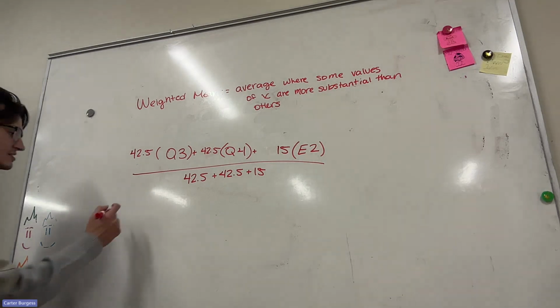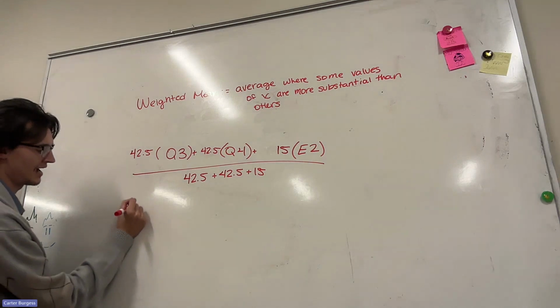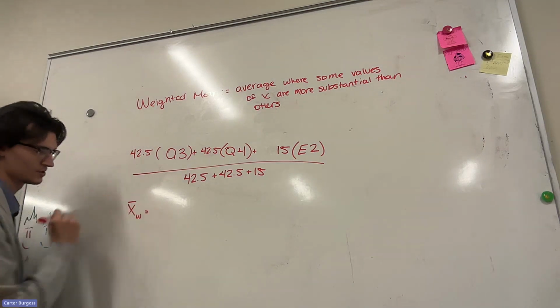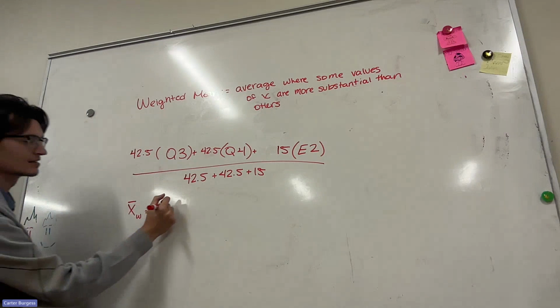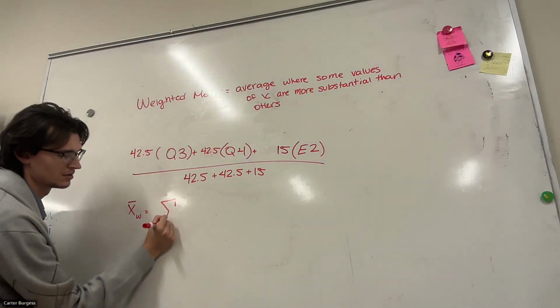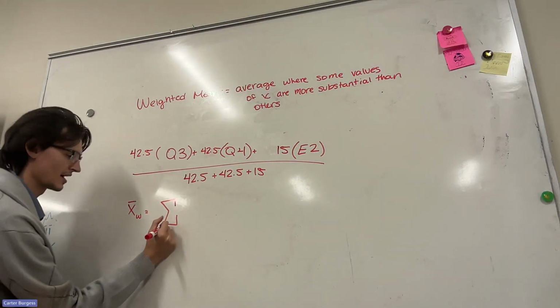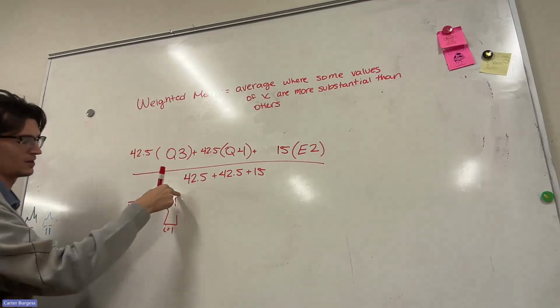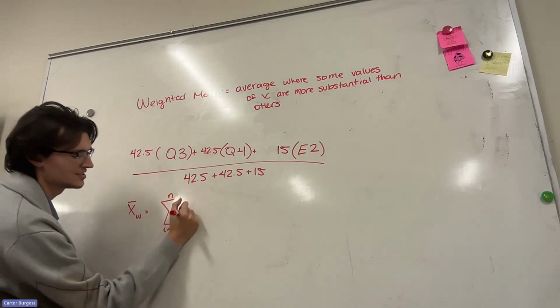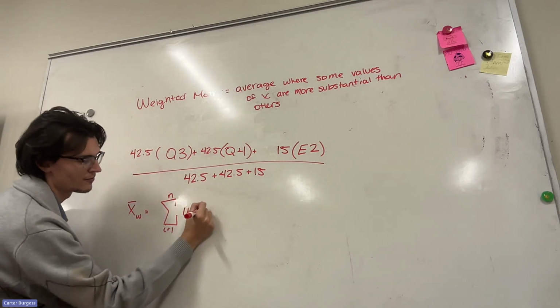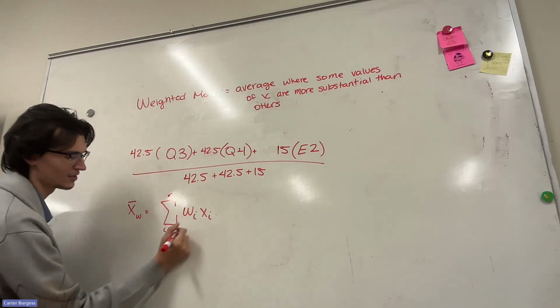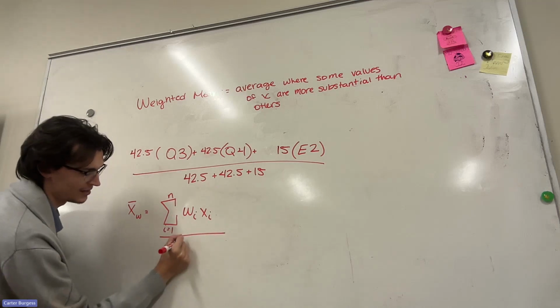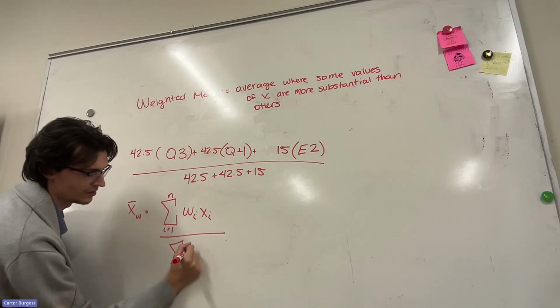Let us generalize it. If we are looking at our weighted average, we are taking the sum. Okay, so this gets to be a little bit annoying. The sum from all of our indices of all of our weights times all of our variables divided by the sum of all of our weights.